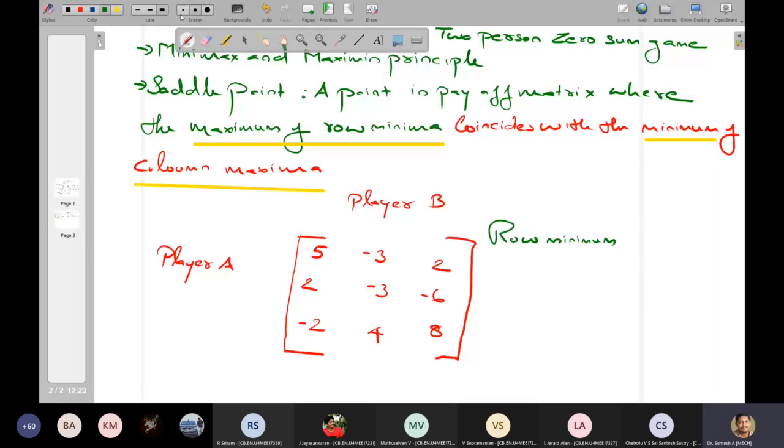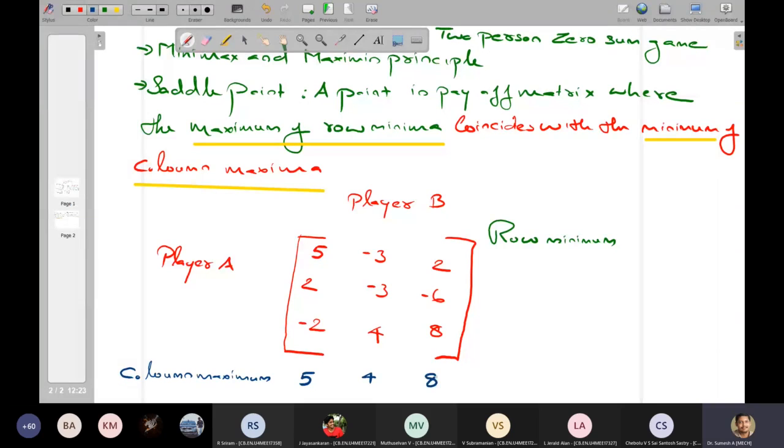For the row minimum, the minimum value is -3, here it is -6, and here it is -2. So you select the row minima, and from that you select the maximum. The maximum is -2.